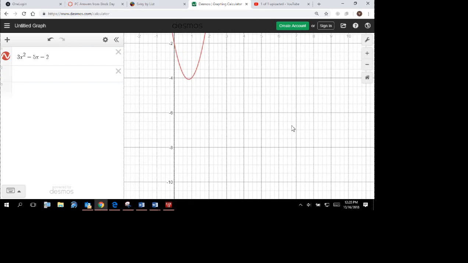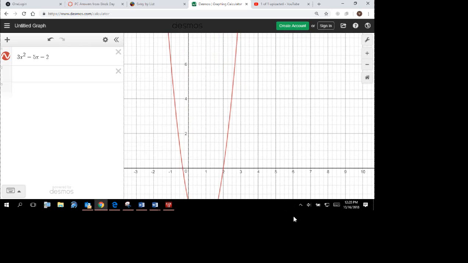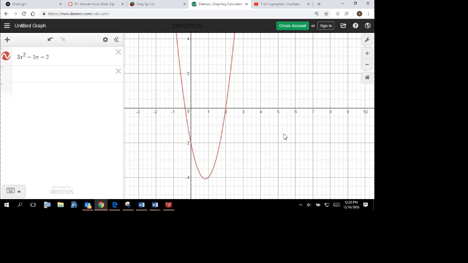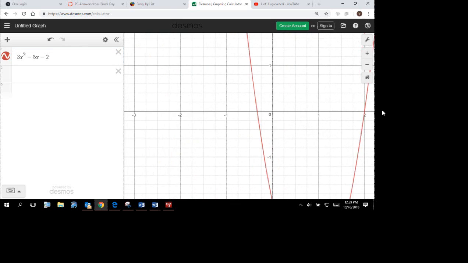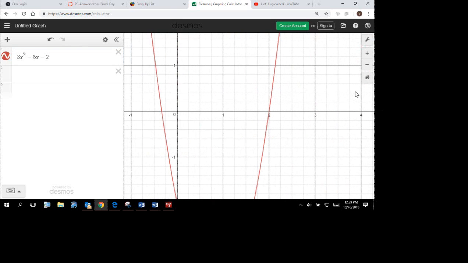Oh, there it is. My two answers were 2 and negative 1/3, which they wrote as a decimal, but you should have it as a fraction. So if you'd like to check answers, this is a great way of doing it. This is not a great way of just getting your answers the first time. You have to be able to do that by yourself.